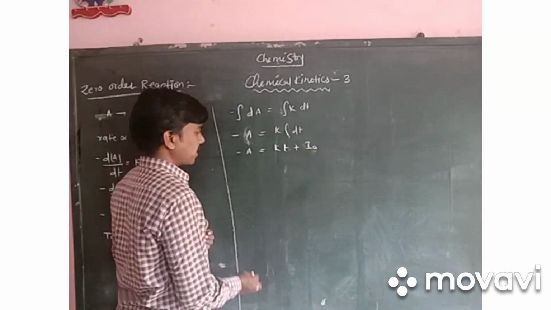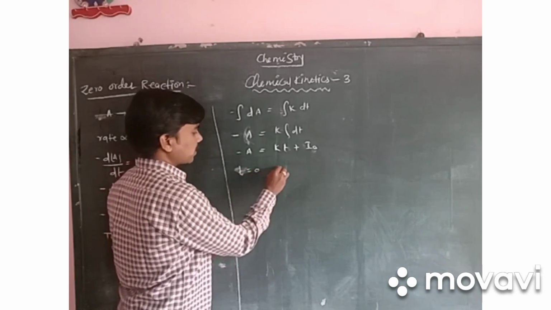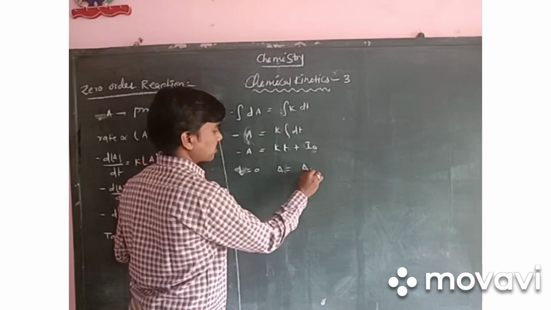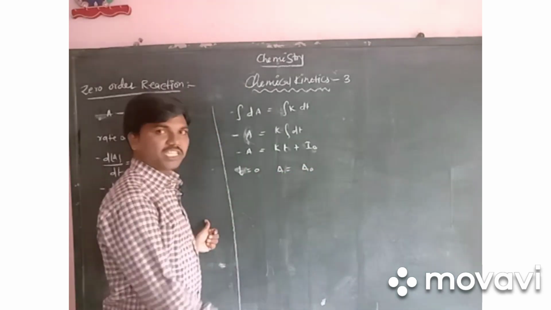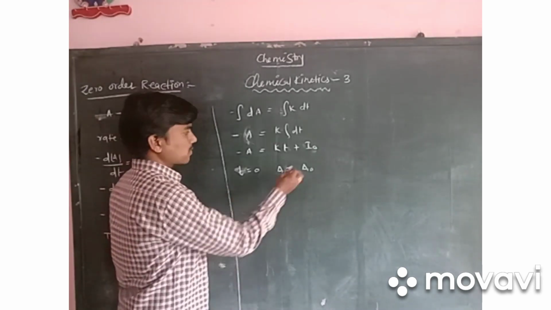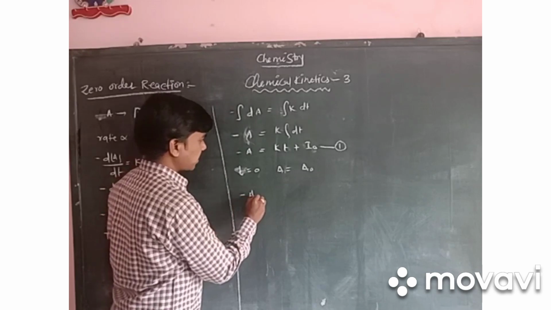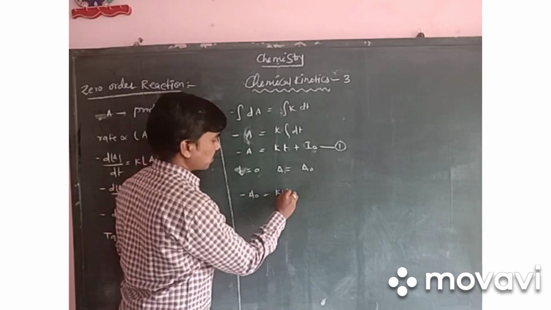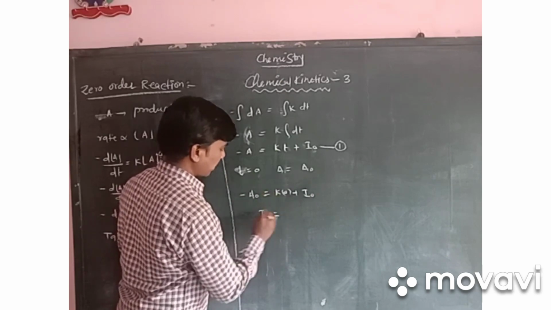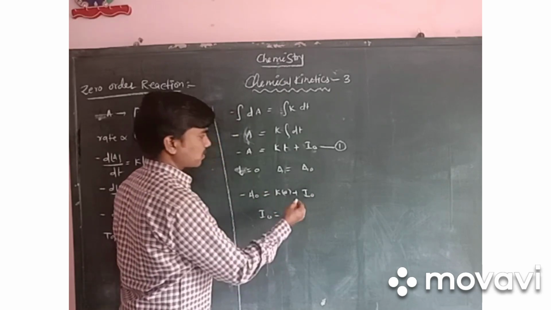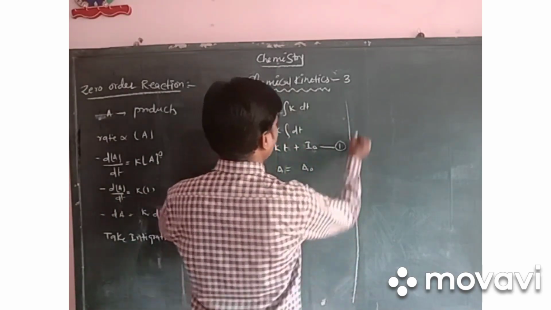To know the value of the integral constant, when t is equal to 0, then A will become A naught, the initial concentration. Substituting these two values in equation 1, we get minus A naught is equal to k into 0 plus I naught. Then the I naught value is equal to minus A naught.